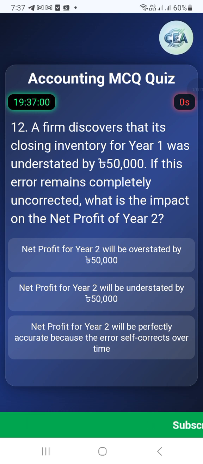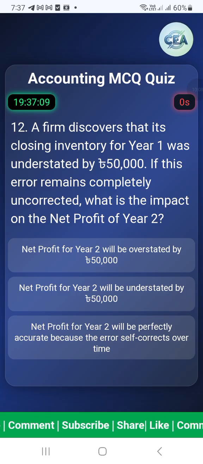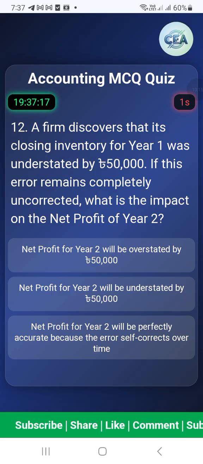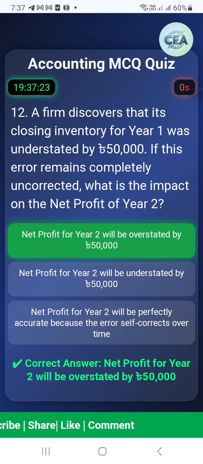Net profit for year 2 will be understated by 50,000 takas. Option 3. Net profit for year 2 will be perfectly accurate because the error self-corrects over time. Correct answer is net profit for year 2 will be overstated by 50,000 takas.